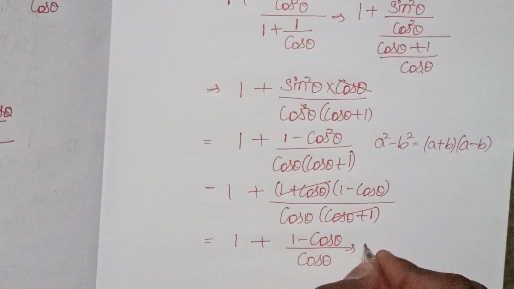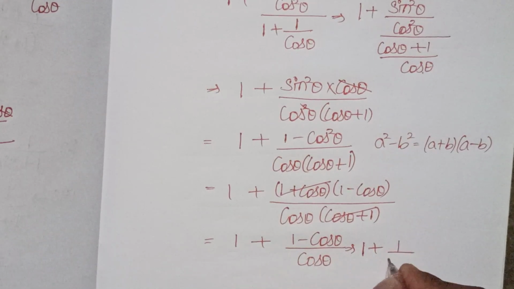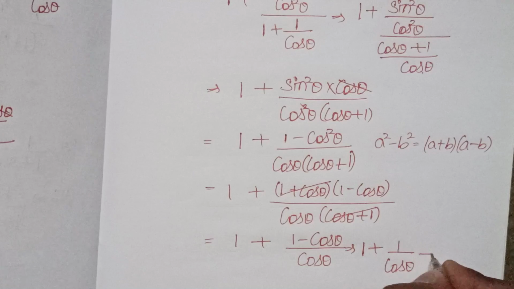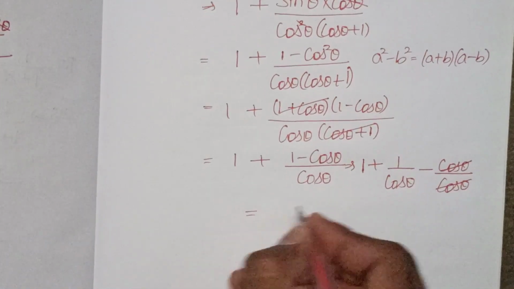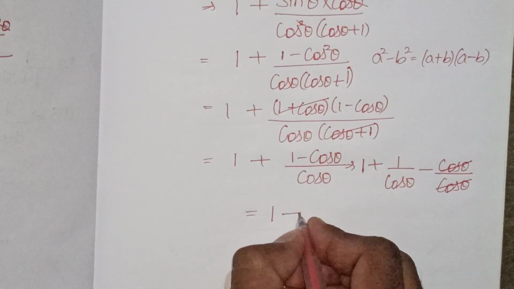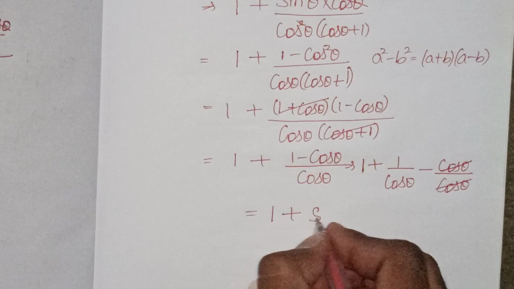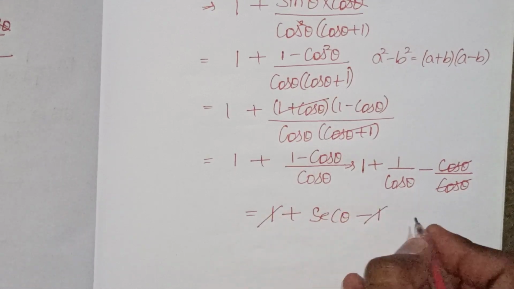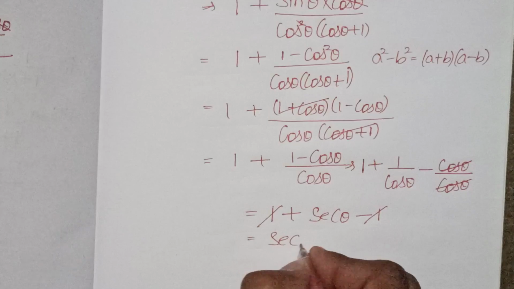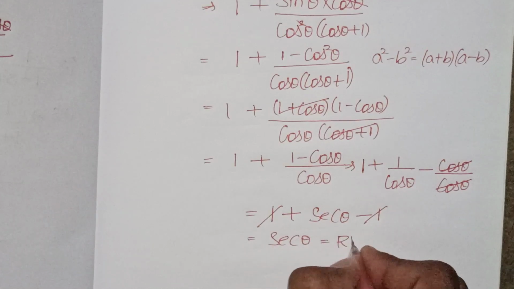Here we need to split the denominator, that is 1/cosθ − cosθ/cosθ. Cosθ by cosθ will be cancelled. Therefore, 1/cosθ can be written as secθ, minus 1, plus 1, minus 1 is cancelled. Secθ will be left out, which is our RHS.